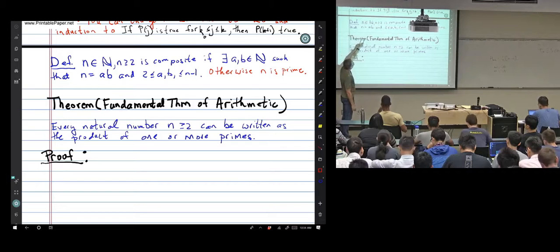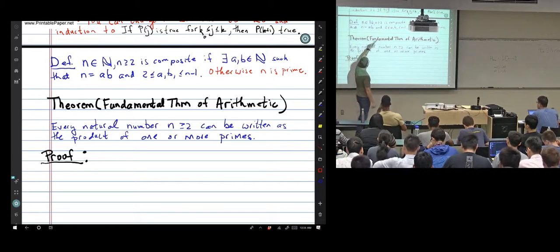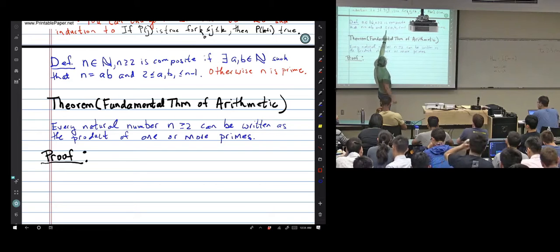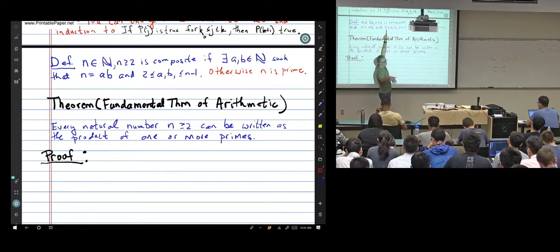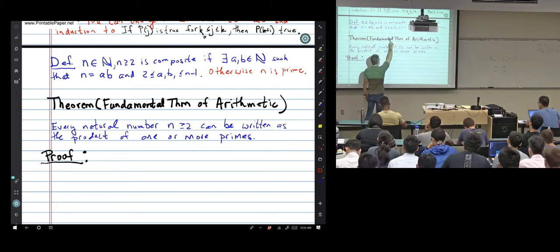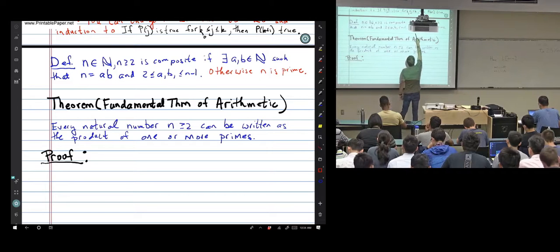A number is composite when you can write it as a product of smaller integers, and it has to be bigger than 2. That way you can't just go 1 times 1 times 1 times 7. Hey, that's a product. No, it's not. And if you cannot write it as a product of smaller natural numbers, then the number is prime.